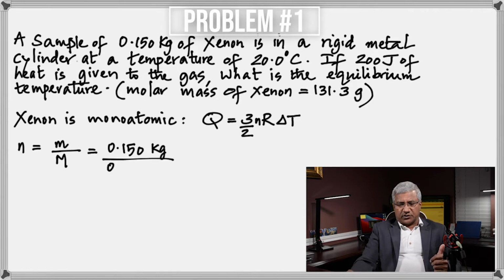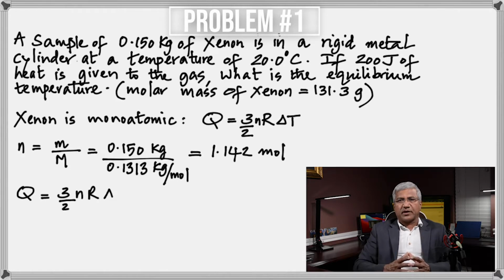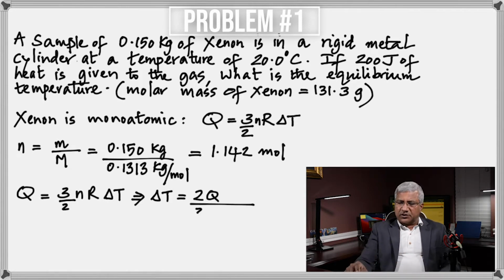If you divide that, we will get the number of moles, which is 1.142 moles. And so we can now rearrange the formula to get delta T is equal to 2Q by 3nR, just a matter of taking it to the other side.